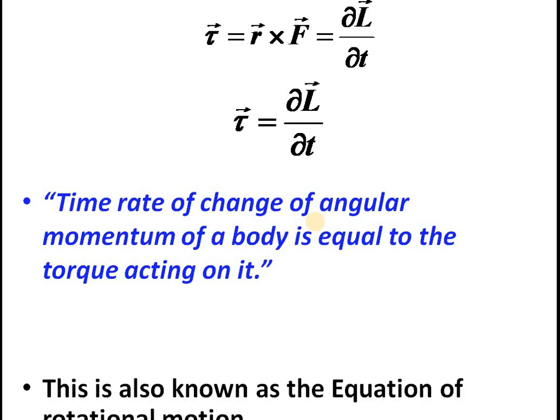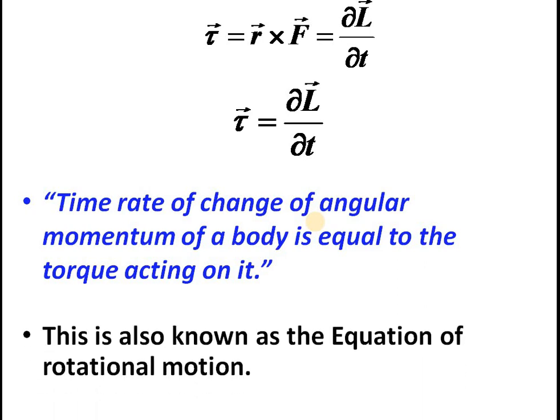It's called the equation of rotational motion. It's a very important relation which we will be using very frequently in our subsequent discussions. Many physical situations, mechanical motions and rotational motions, we will describe using this, and we can find many parameters or understand many mechanical systems using this equation.